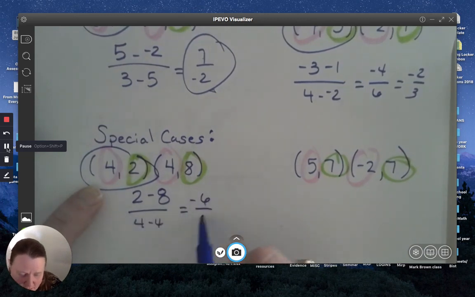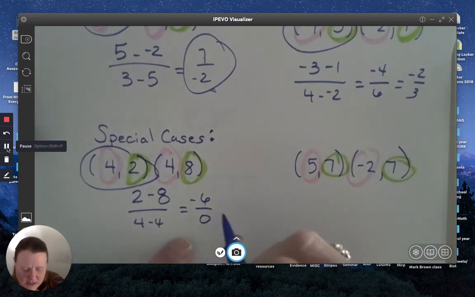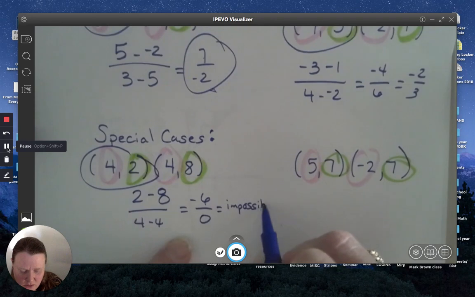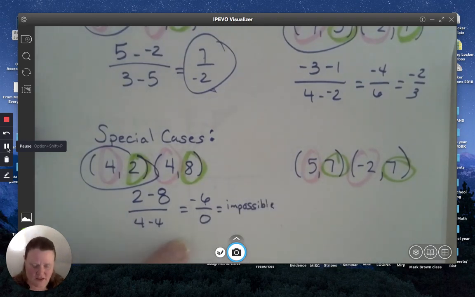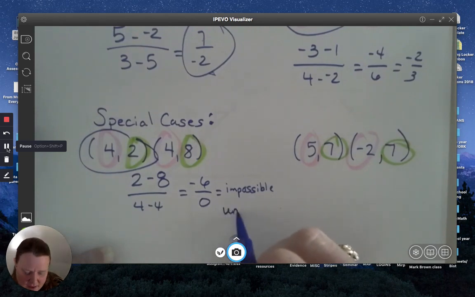Look what happens when I go ahead and do the math work. Do you see how I have the 4 minus 4 and I end up with dividing by 0? This is impossible. You are not allowed to, and we learned that in grade school, you're not allowed to divide by 0. So this is what we call an undefined line.